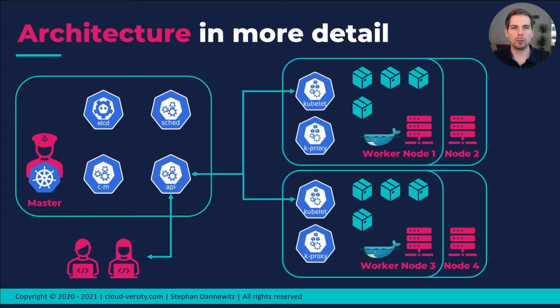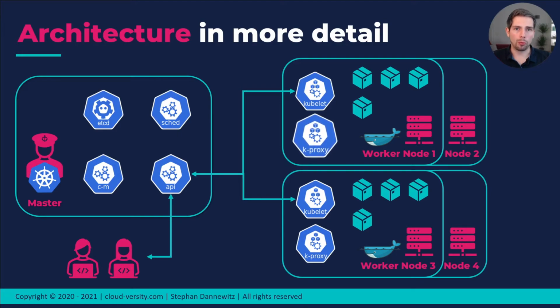It's responsible for registering the node to our Kubernetes cluster. So it reaches out to the Kubernetes master and says, hey, I'm a new node. It's also responsible for maintaining the pods which are running on the node. And I think that's pretty much it. It also gives status feedback about metrics and so on to the API server.